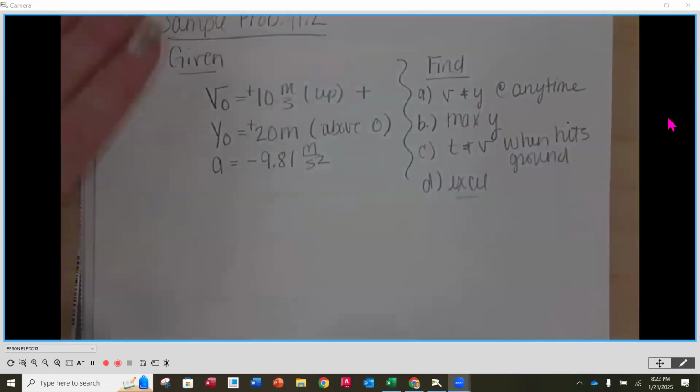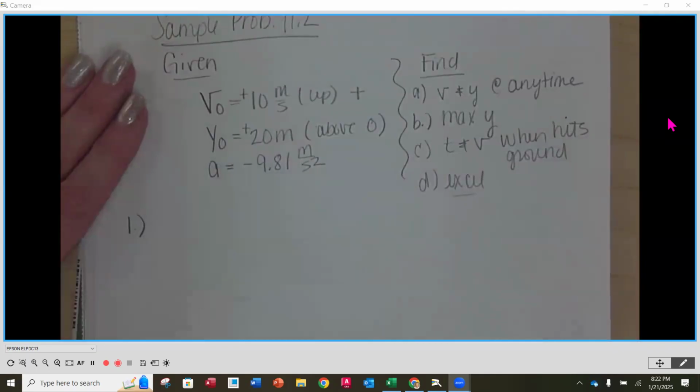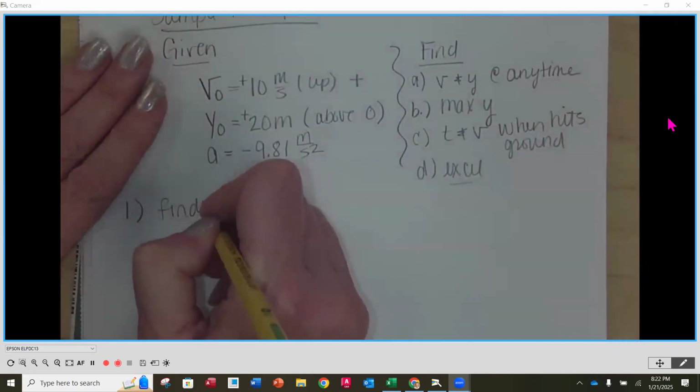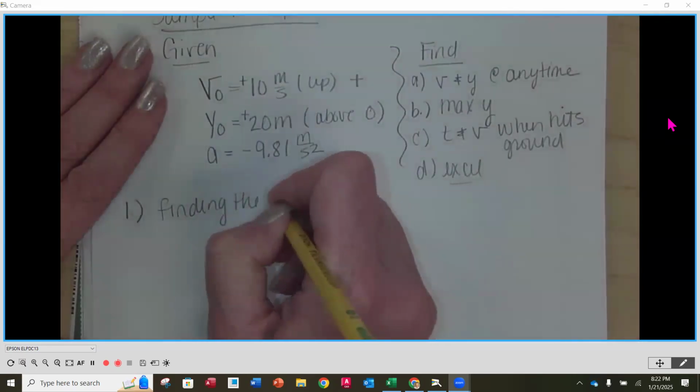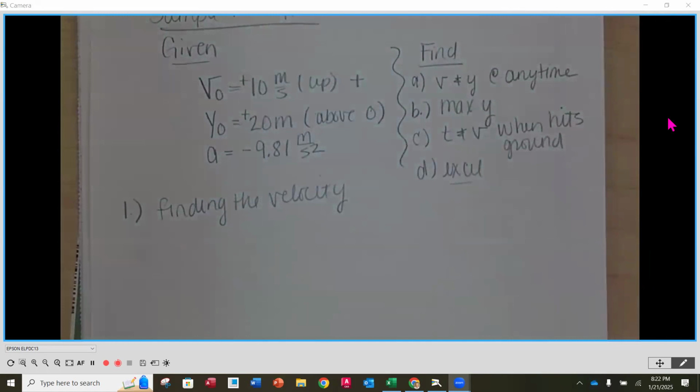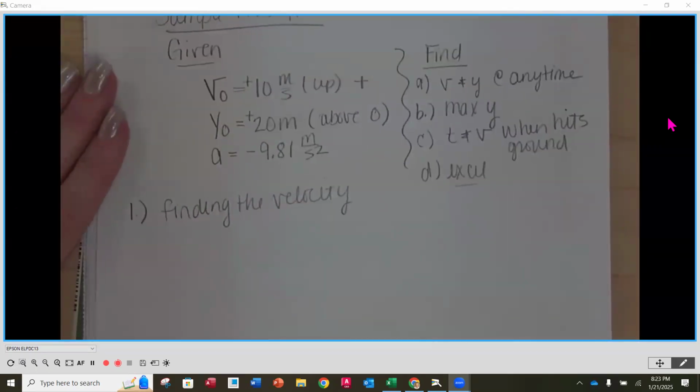So step number 1 is going to be finding the velocity equation. And then we also need to find the position or the distance equation so that we can create the two charts with finding both Y and V in relationship to time.